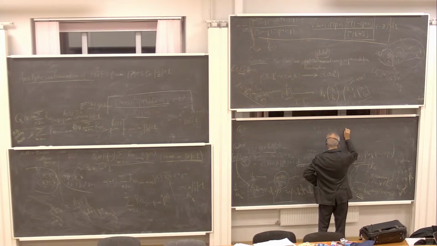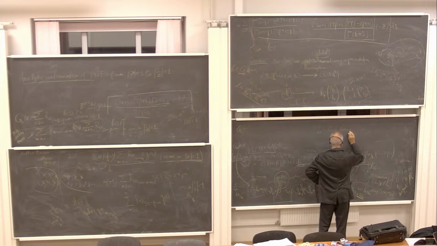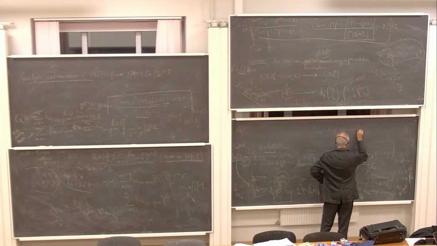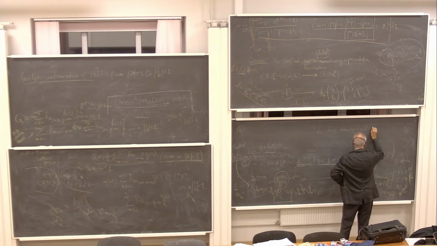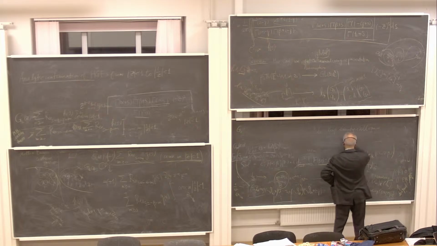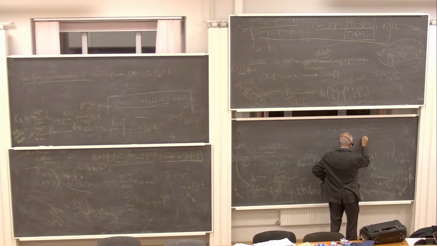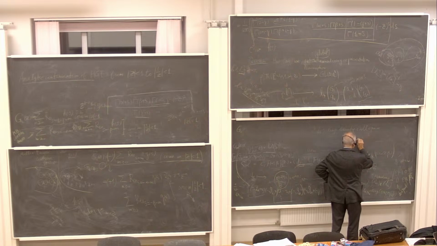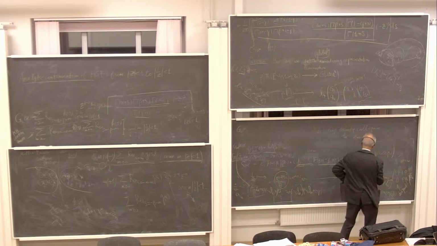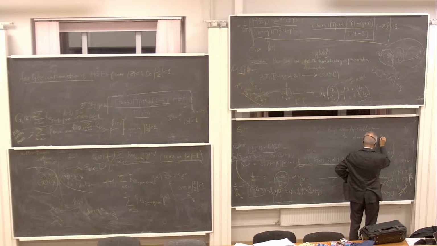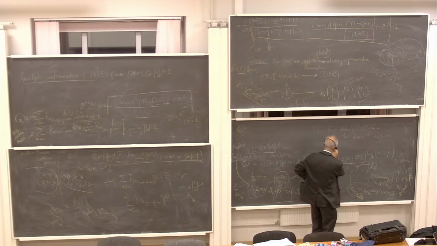around a loop that is homotopically equivalent to z equals epsilon e to the power i theta, epsilon small, theta from 0 to 2 pi.